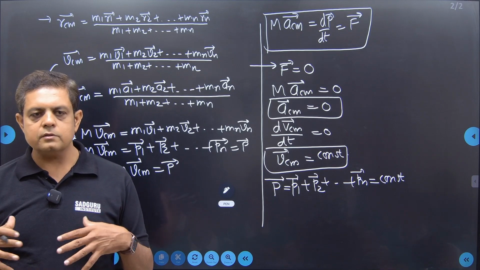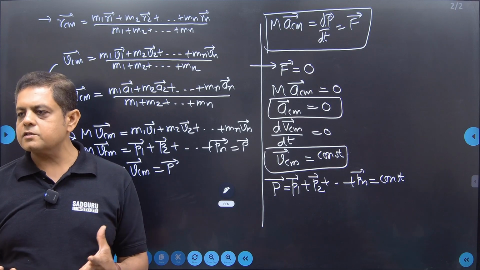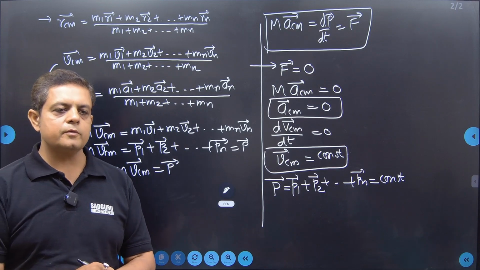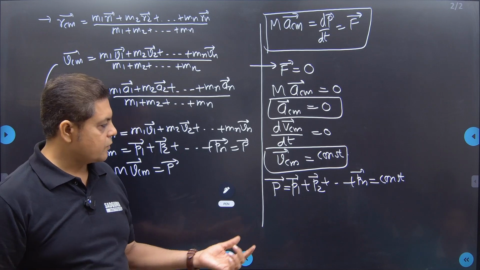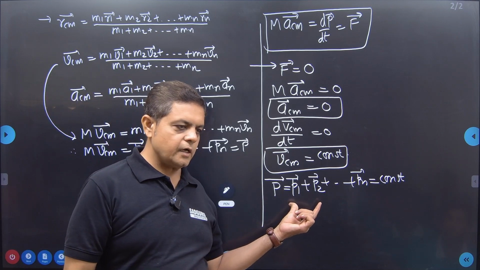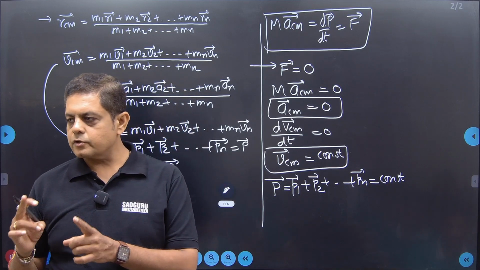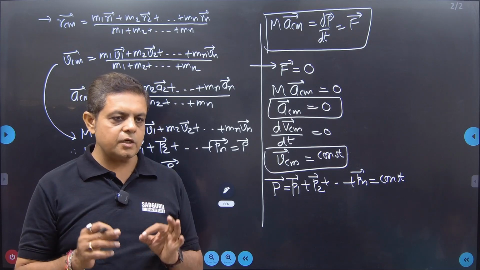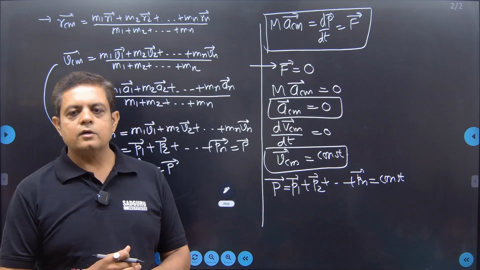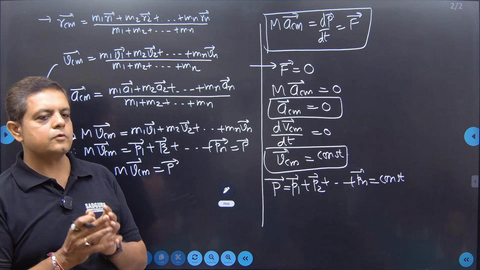In this collision, their momentum changes, but they change in such a way that the resultant linear momentum remains constant. It is not necessary for a system of particles that the linear momentum of each particle should remain constant. It may change, but it should change in such a way that the resultant momentum of the system remains constant.